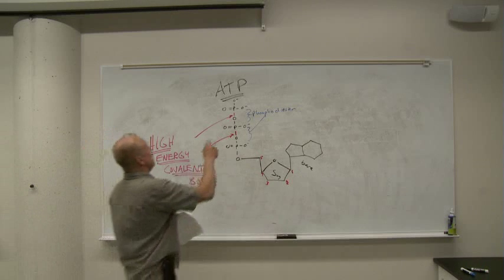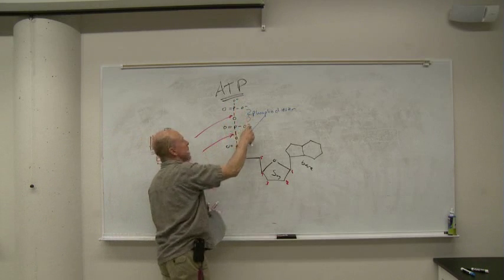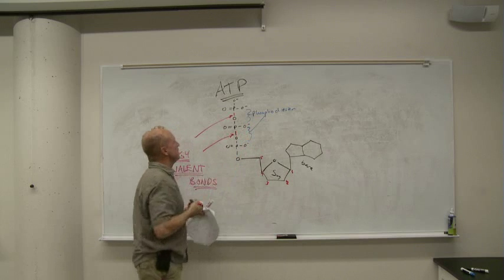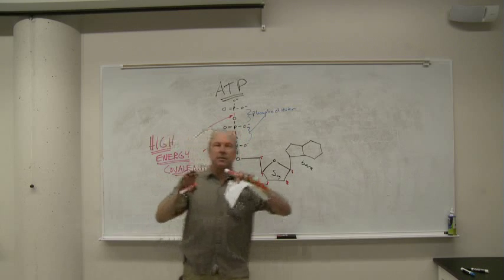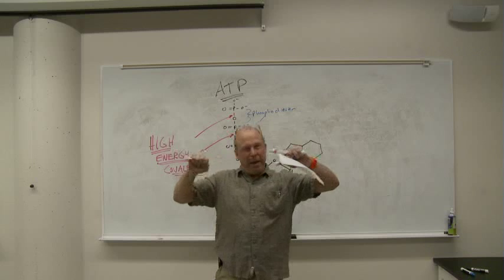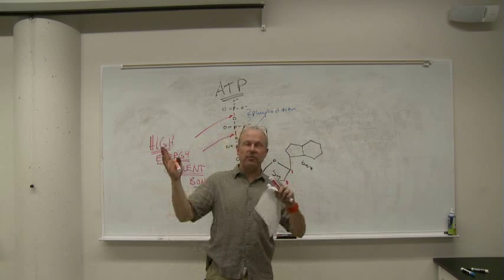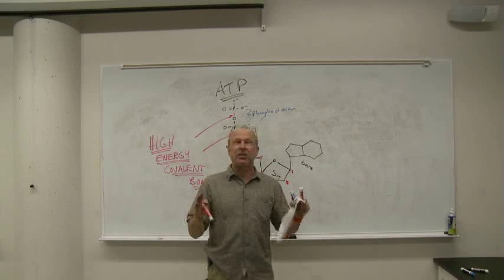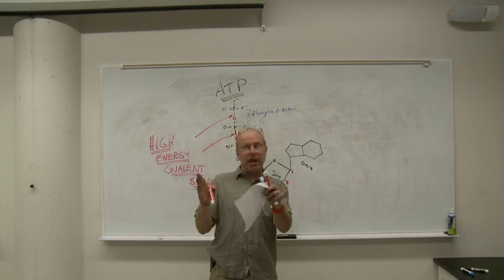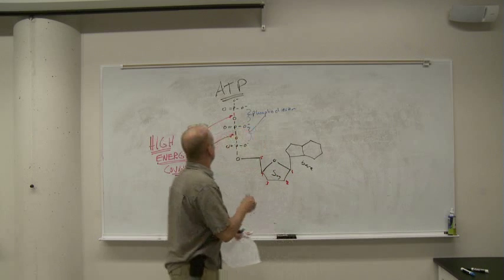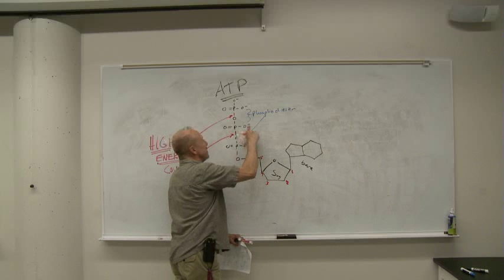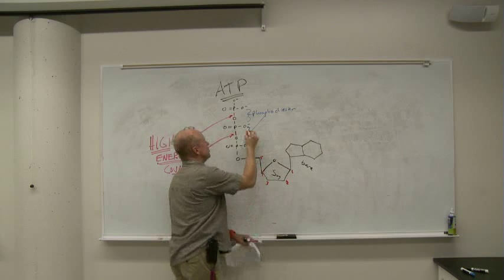So, negative charge, negative charge, negative charge. If you think about that, like charges repel. Opposites attract, so positive is attracted to negative. Like charges, such as negative to negative in this case, repel. So these are pushing away from each other.